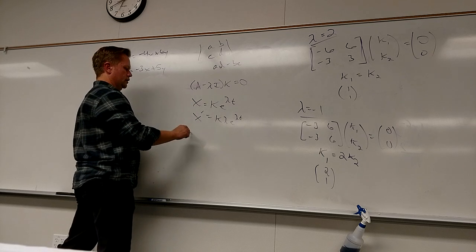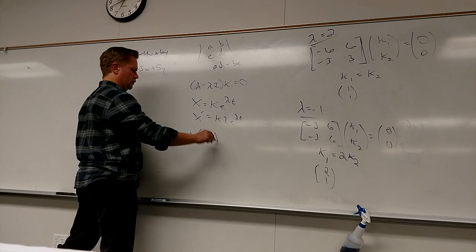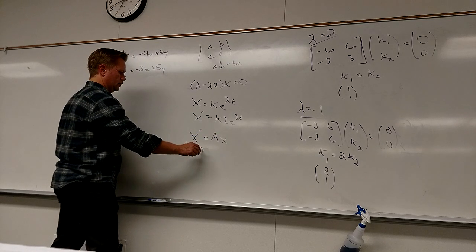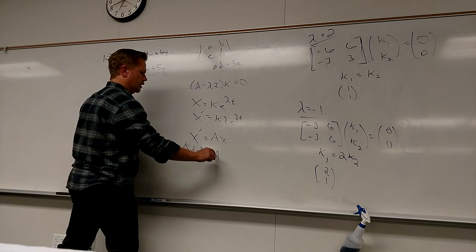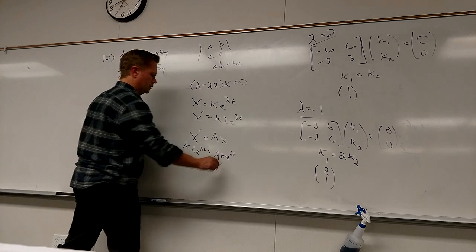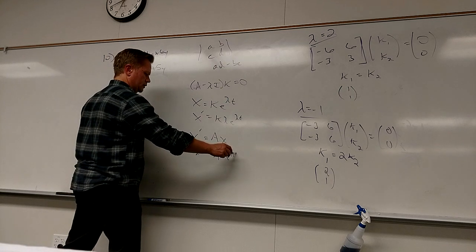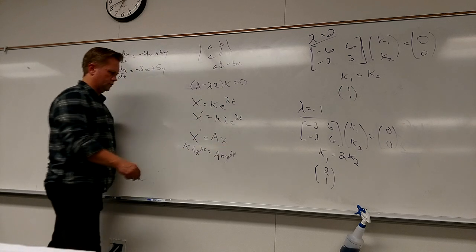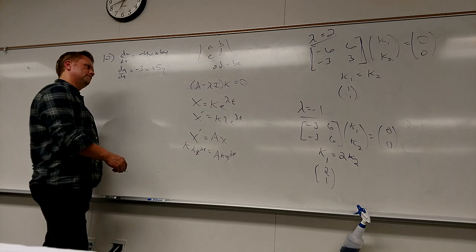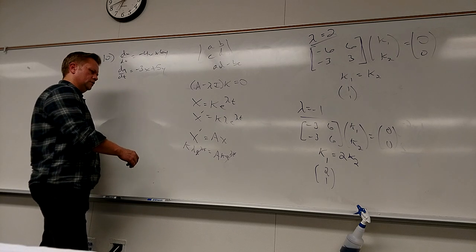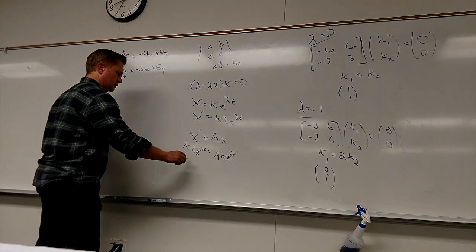And then the general form of the problem was this. So you get k lambda e to the lambda t equals A k e to the lambda t, which eventually leads to all the stuff. Am I missing something? No. I like it. Beautiful.